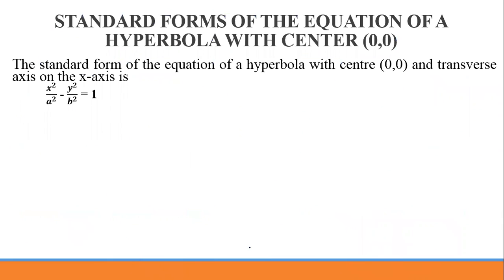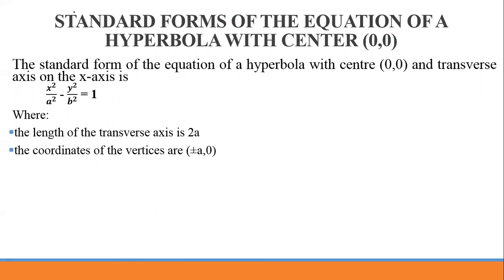Now we have the standard forms of the equation of a hyperbola with center 0, 0. Okay? So, the standard form of the equation of a hyperbola with center 0, 0 and transverse axis on the x-axis is this equation, wherein the length of the transverse axis is 2a.